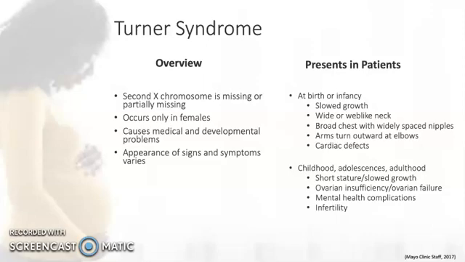In childhood, adolescence, and adulthood, having a short stature and slowed growth. Again, slowed growth is a key component to Turner syndrome. Ovarian insufficiency and ovarian failure, which can cause delays of the development of secondary sex characteristics, possible mental health complications including learning disabilities, and specifically in adulthood, infertility is a major symptom of Turner syndrome.